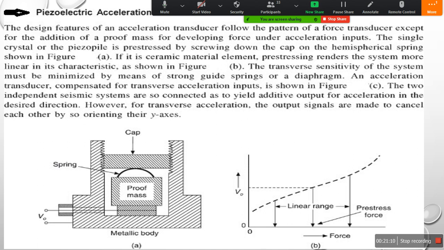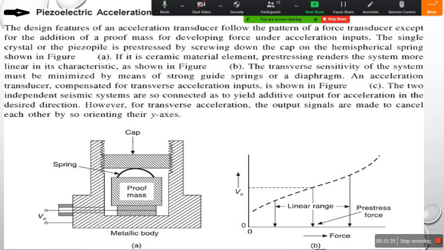This is the cap. Continuously, by rotating the cap up and down, there will be a force generated on the proof mass. And if it is a ceramic material element, the pre-stressing renders the system more linear in its characteristics. So you can see the characteristics of this particular piezoelectric acceleration transducer. It is more linear.